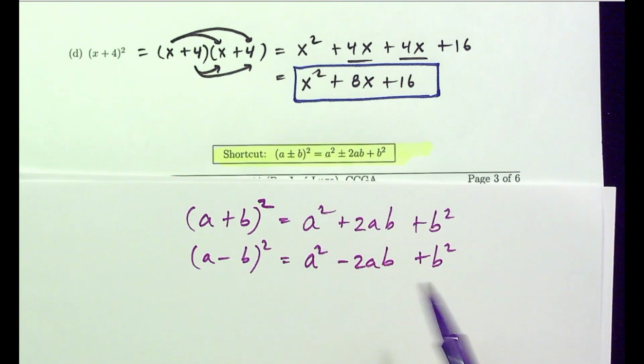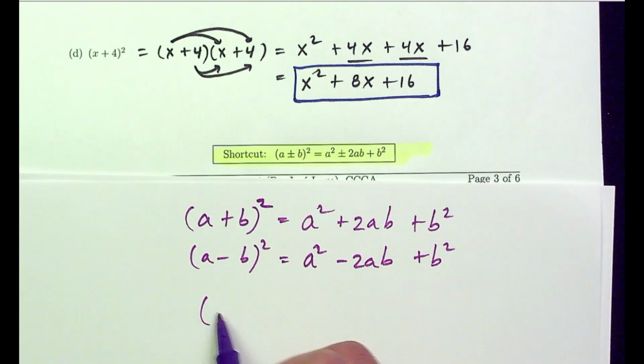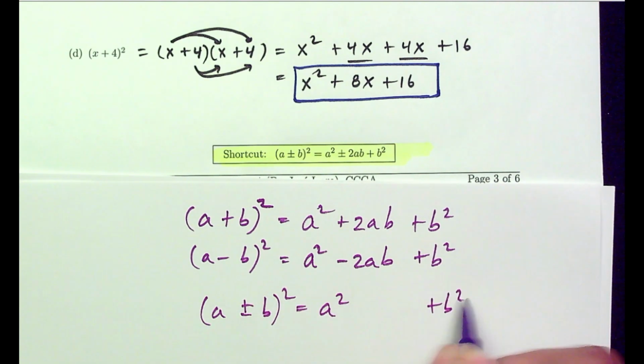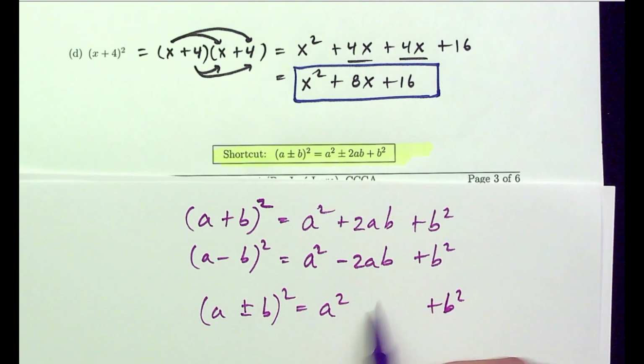So these two formulas are usually abbreviated by writing a plus or minus b, squared, equals a squared plus b squared. These two never change, and the one in the middle is plus or minus 2ab, depending on how you start. If you started with a plus, that's going to be a plus. If you started with a minus, that's going to be a minus.